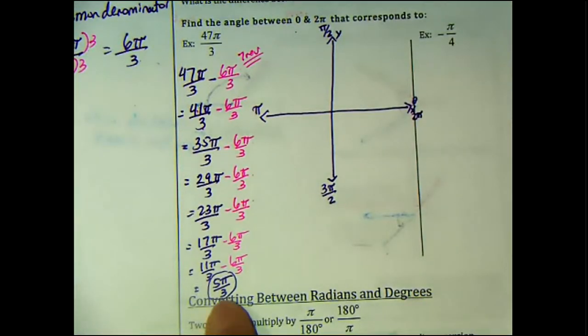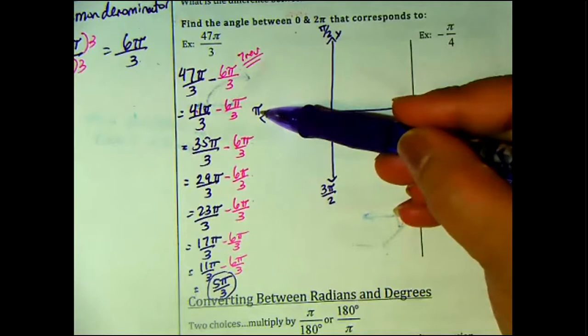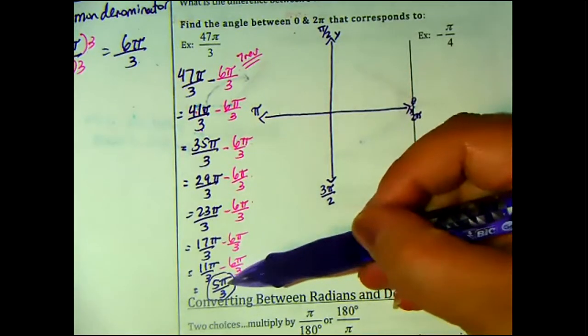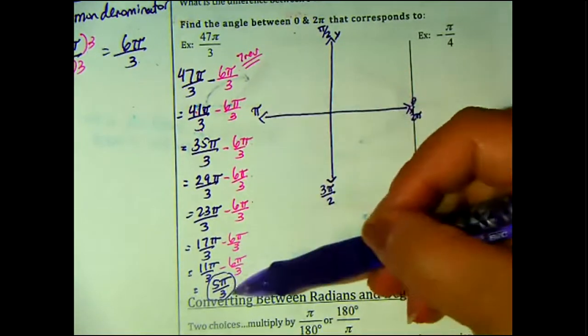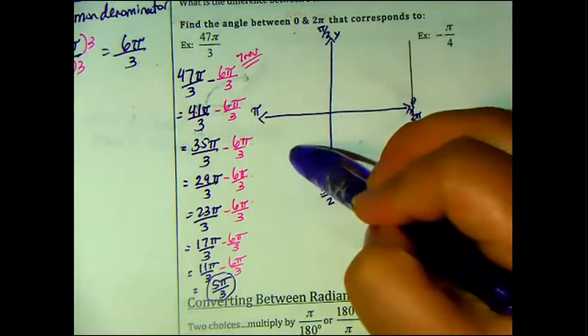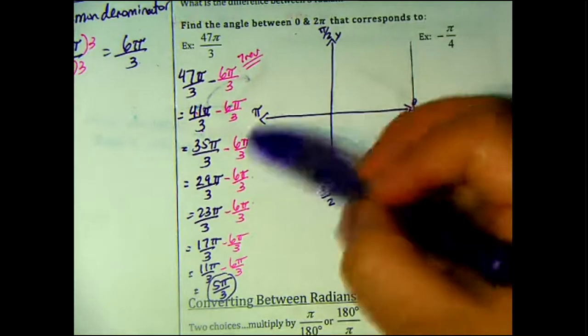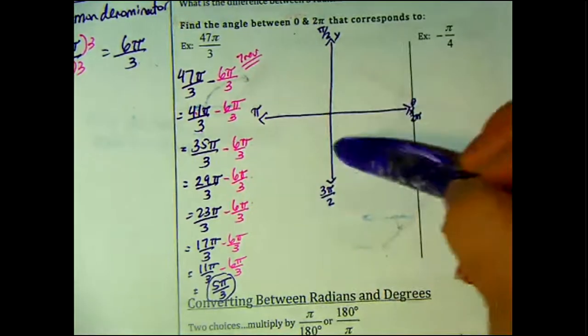Now, if you want to figure out where this is going to go, okay, 5 pi over 3. Now, that's definitely greater than pi, right? Because 3 pi over 3 is pi. So 5 pi over 3 is definitely greater than pi. Does it go here or does it go here? Okay, so is it going to be in quadrant 3 or quadrant 4?